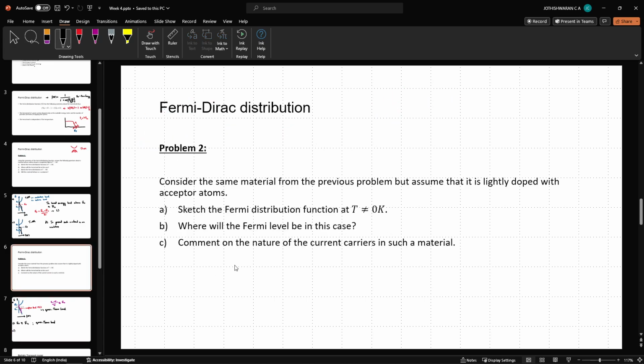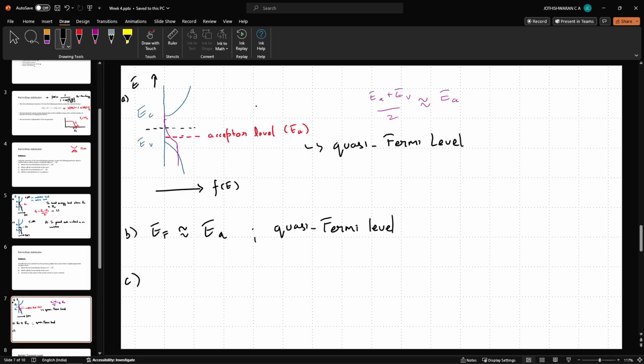Part C. The nature of the current carriers in such a material. Now that is what I have been explaining. Any electron that goes to EA will not participate in the current carrying process. Therefore, majority. However, at any given temperature, there is a finite probability for the electron to go to EC also. So one should not disregard that. A finite fraction of the electrons will definitely go to EC.